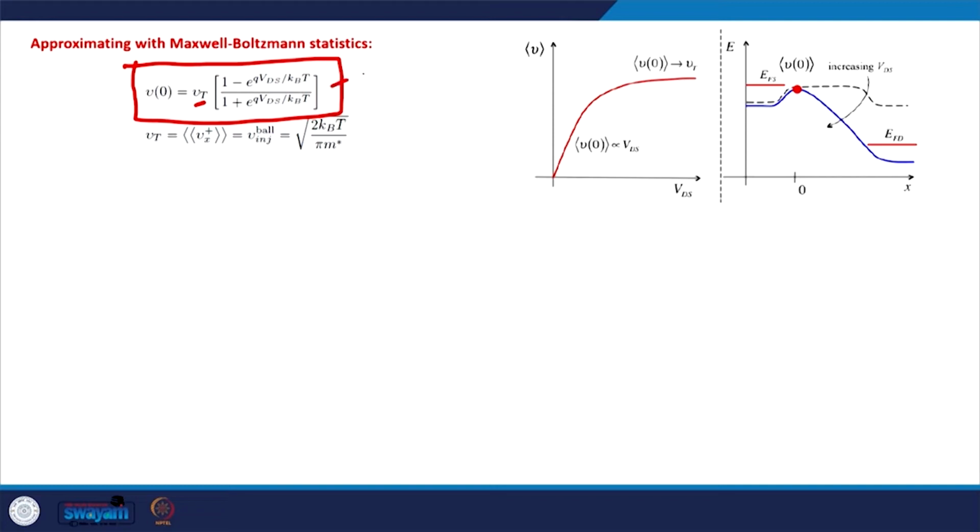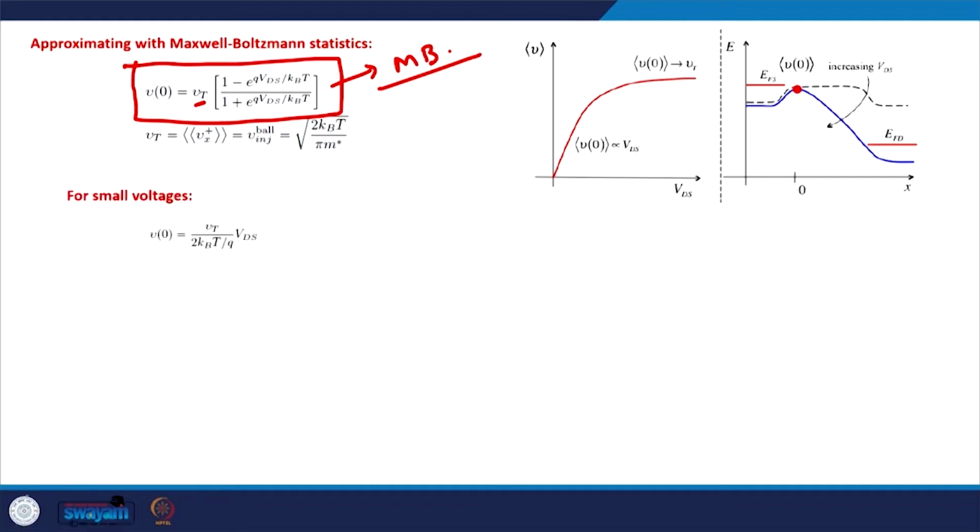So this is what becomes of the expression for the injection velocity while we assume the Maxwell-Boltzmann statistics, which is a fair assumption at low biases particularly and in equilibrium.